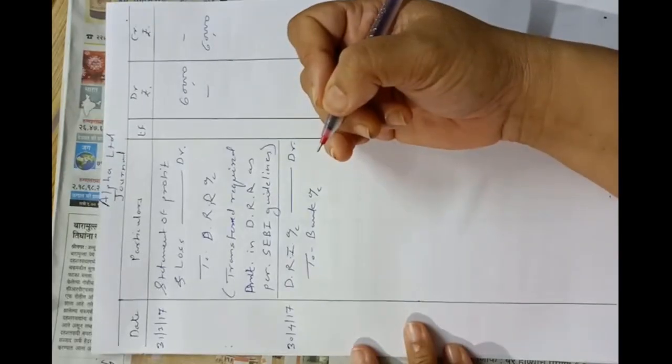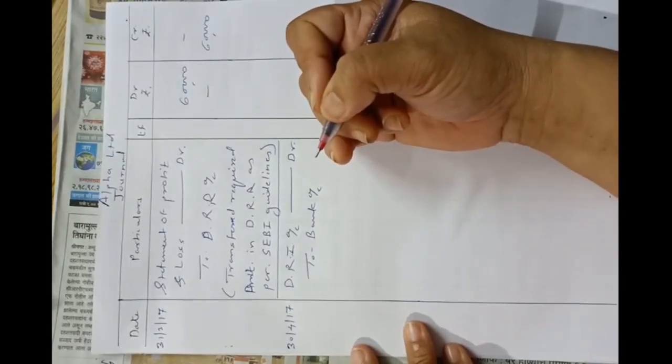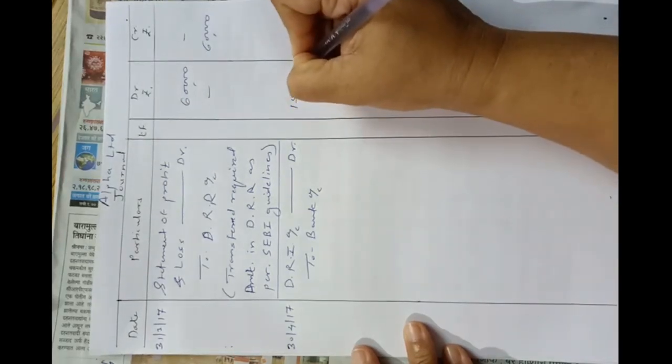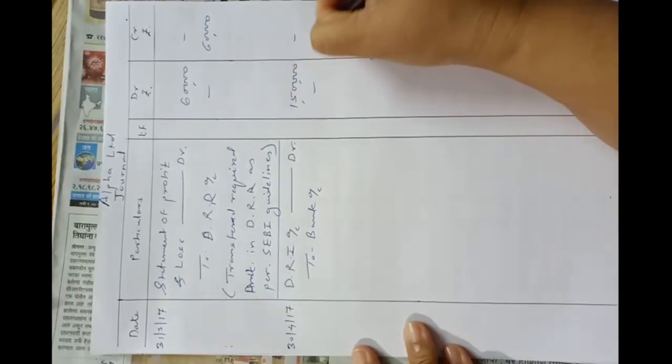Amount due on redemption is 10 lakhs and 15% of 10 lakhs will be 1,50,000. So 1,50,000. Okay.